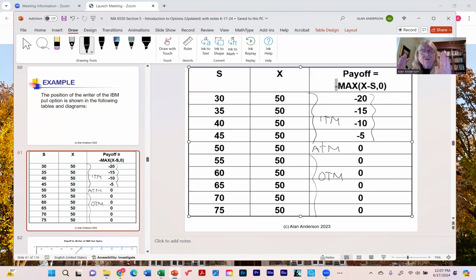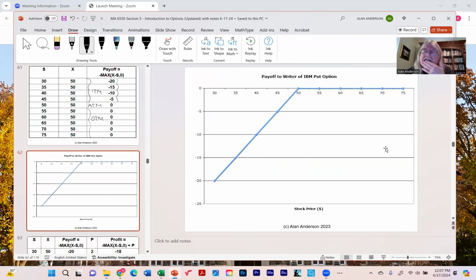So if you took the two charts and set them side by side, and you added them, or imagine if the same person owns the call and has also sold one for some bizarre reason, all the payoffs would be zero from that position. They have to add up to zero. And this is the graph of the payoffs.